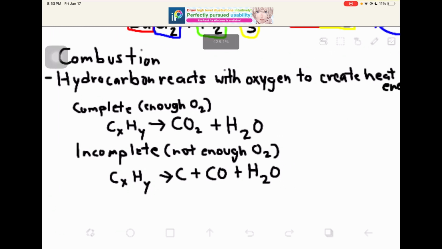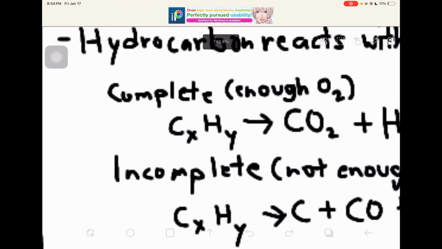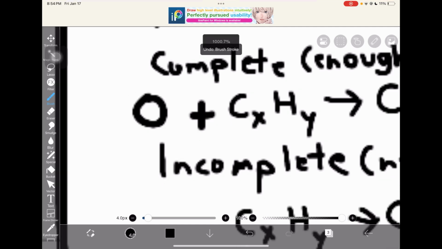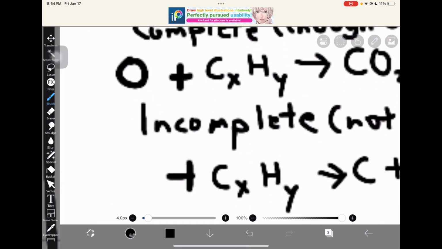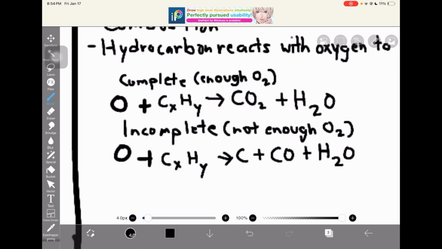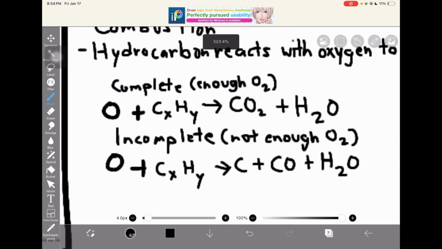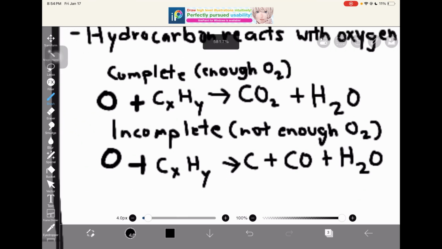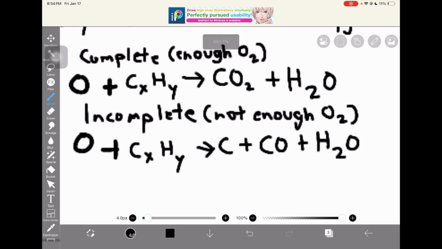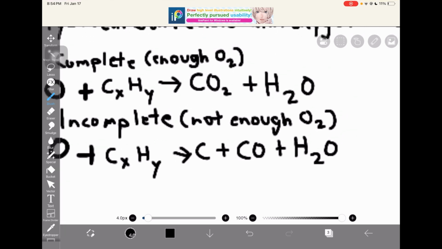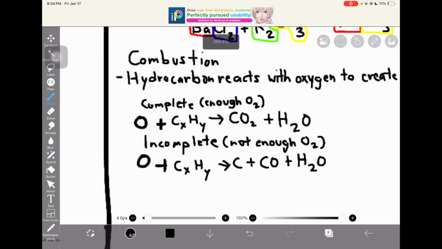There's supposed to be oxygen on both sides, and if the oxygen is enough, it will either cause a complete combustion where there's CO2 and H2O, or incomplete where there's no CO2. So you can just look for CO2 and determine if this is complete or incomplete combustion.